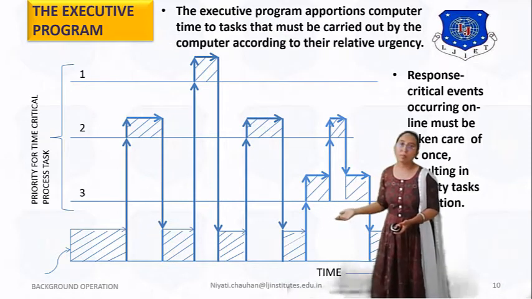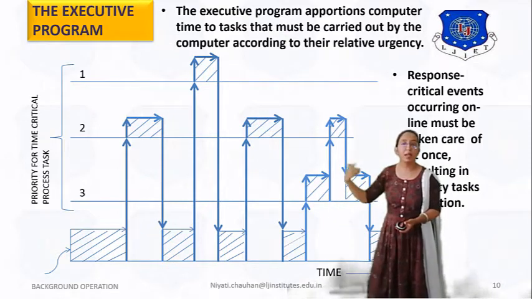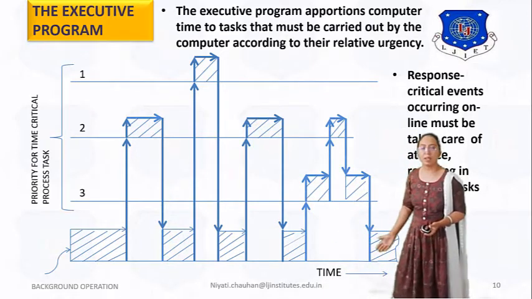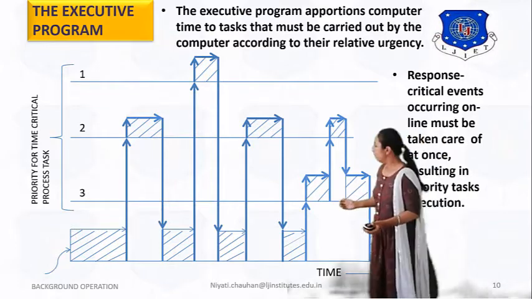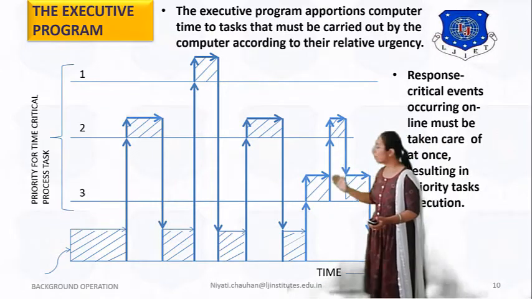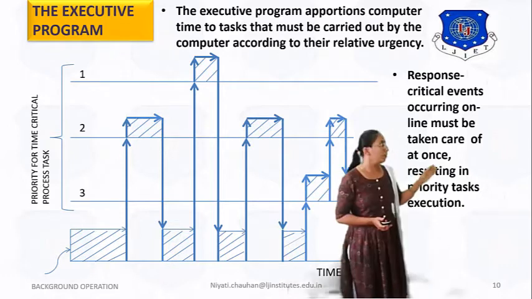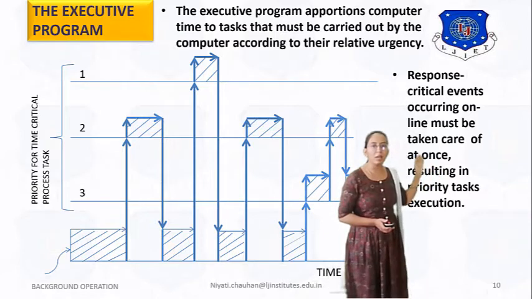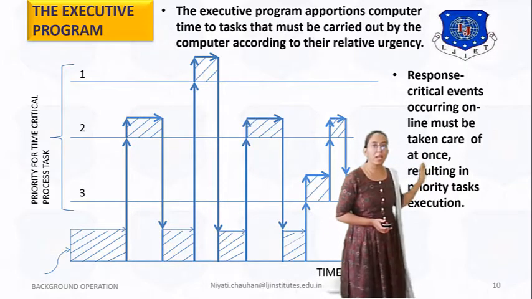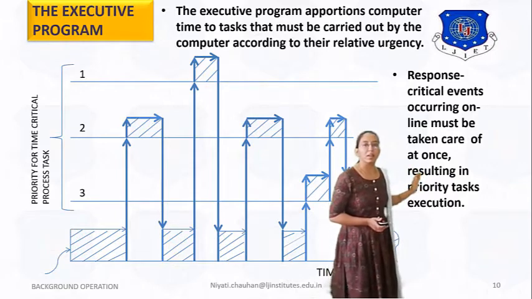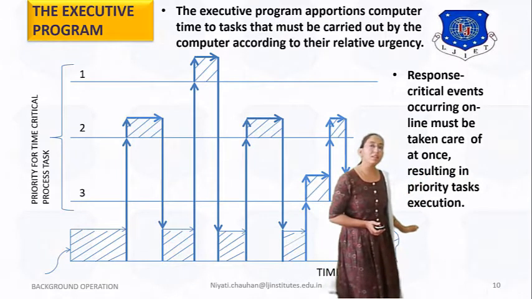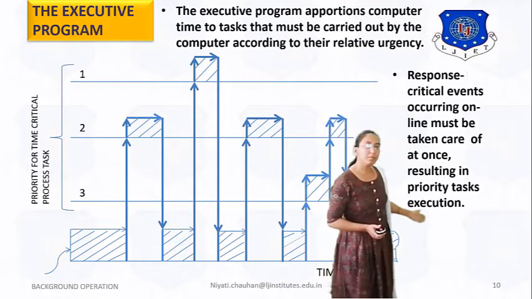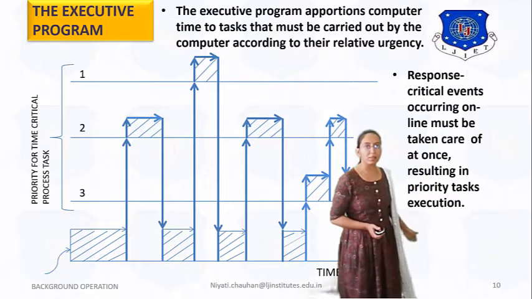In this graph, time is on the x-axis and program execution is on the y-axis. Response-critical events occurring online must be taken care of at once, resulting in priority task execution. So here you can see our program has been executed based on priority.